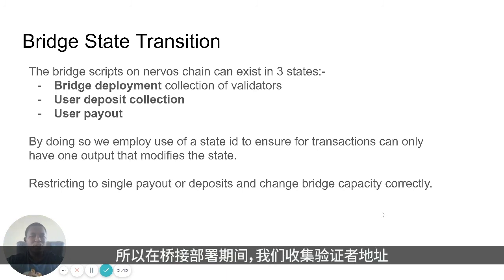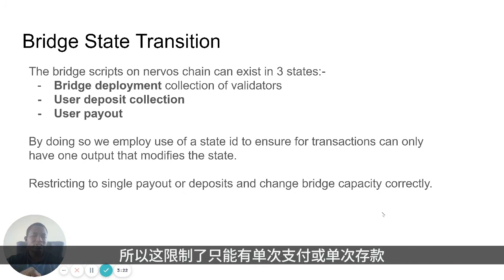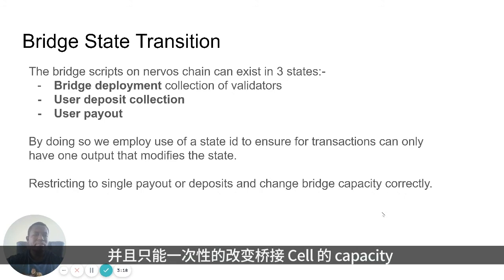So during bridge deployment, we collect the validators' addresses, and we will support staking in milestone 2. So these states allow us to ensure that transactions that are carried out have one output that will modify the state. So this restricts to a single payout or single deposit that will change the bridge capacity.